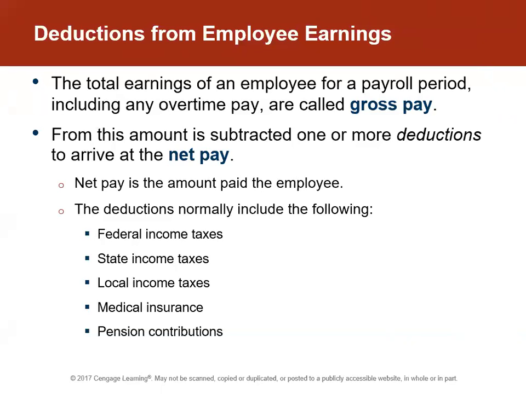They have to withhold federal income tax, and if state income tax applies, that too, and also local. We don't have local income tax, but if we did. And then there are usually some optional deductions too: medical insurance, maybe contributions to charity. There could be required withholdings like garnishments, and pension contributions like a 401k or 403b. All of these things the employer is withholding.